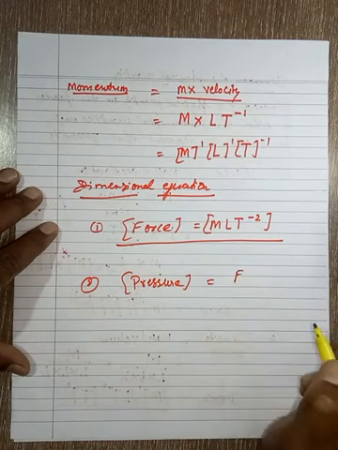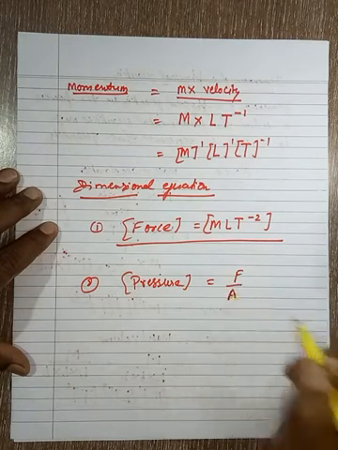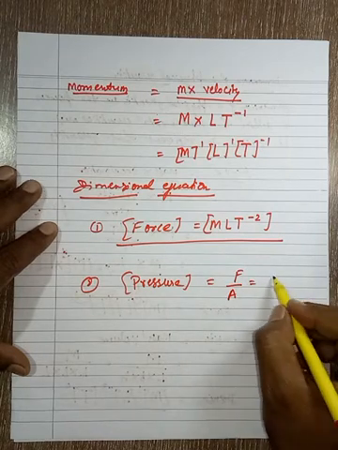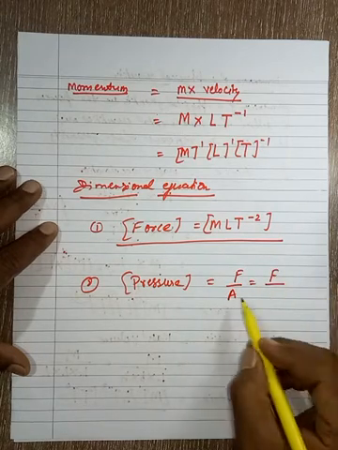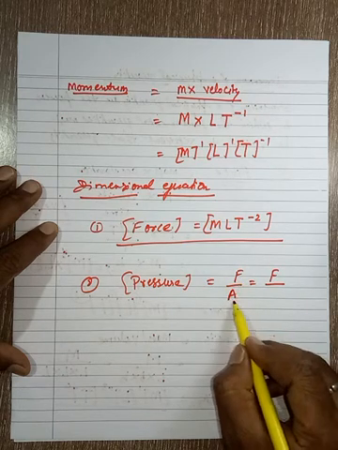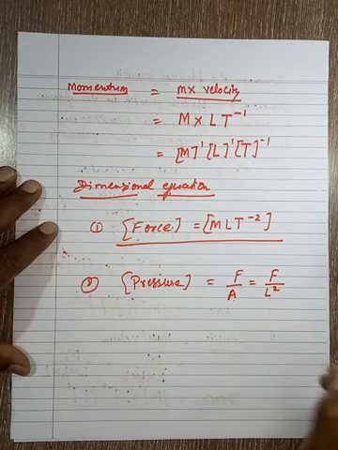Force per unit area, right? It is nothing but force upon area. Area means length into length, so we can write L square.